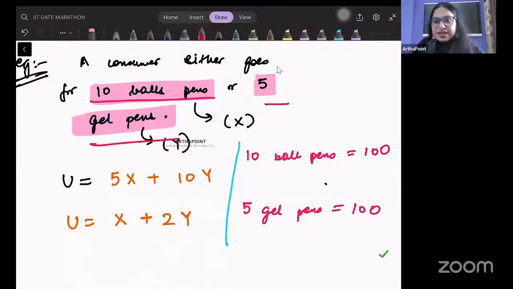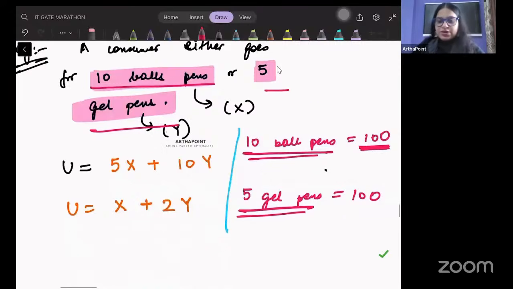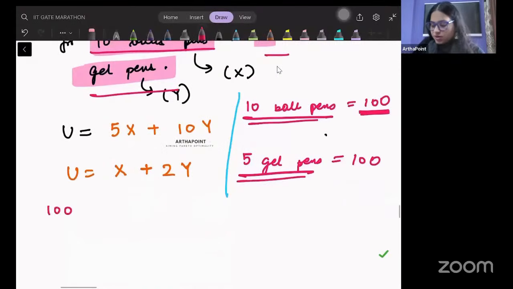So here what happens is, if I want this utility of 100, either I can go with 5 gel pens and I can get a utility of 100, or I can go for 10 ball pens and get a utility of 100. Now just replace 100 here. 100 is equal to x plus 2y.